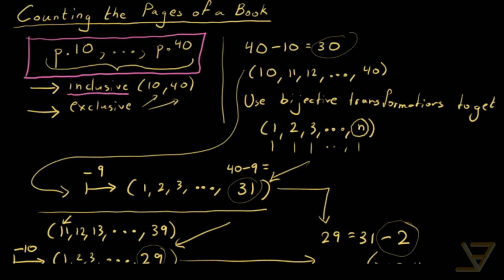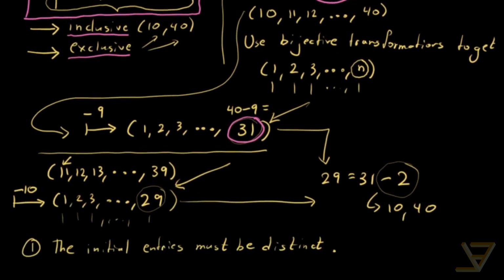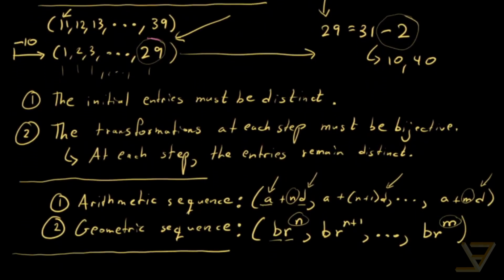One is the inclusive problem and one is the exclusive problem. We found that in the inclusive case the answer is 31, which does not equal 30. 30 was the initial guess that most students make. In the exclusive problem, we found that the answer is 29, which is 2 less than the answer in the inclusive case.